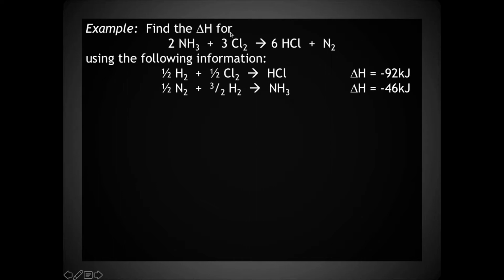So find the delta H for this equation. We don't have our change in enthalpy here, but we're going to look at these two equations and manipulate them and their heats until they become this equation once we add them. Again, I like to look at something that's unique to the equation. So hydrogen, no. Chlorine, yes, but we're not going to look at that.